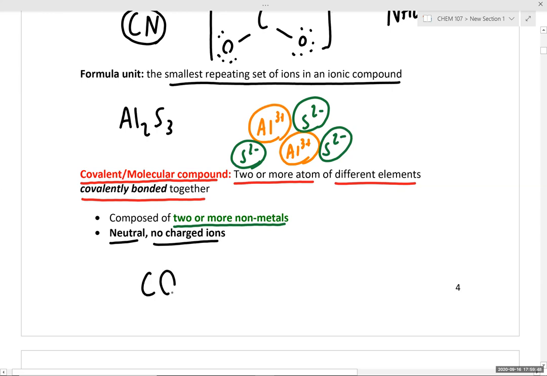For example, carbon monoxide is a classic example of a covalent or molecular compound. We can get a little more complicated. Hydrogen peroxide would be another example of a covalent or molecular compound. In both cases, our formulas consist of 2 or more different nonmetals covalently bonded together. Does this make sense to everyone?